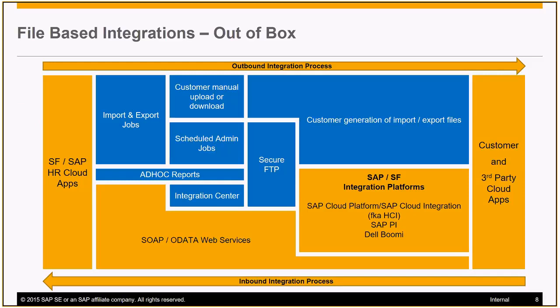And so if you were to go back and look at the old middleware integrations that have been built, either using Boomi or SAP Cloud Integration, many of them used ad hoc reports. Anyway, so those are all the ones that are in blue. Let me just pause here for a second. This might be a little too much information. Any questions so far?